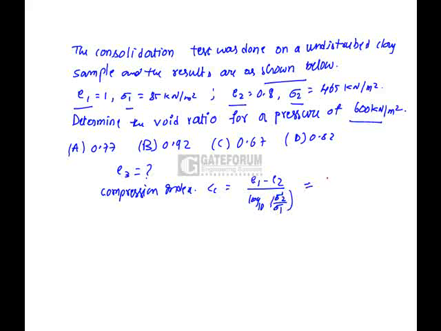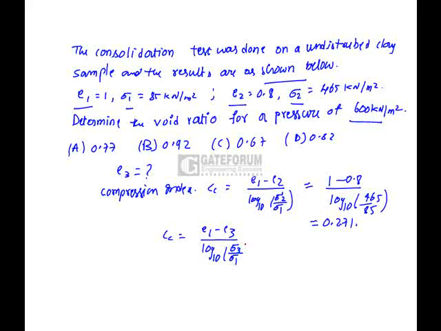That is equal to 1 minus 0.8 divided by log base 10 of 465 by 85, that is equal to 0.271. If Cc is going to be constant throughout, then for the third set of pressure, Cc is e1 minus e3 by log base 10 sigma 3 by sigma 1.